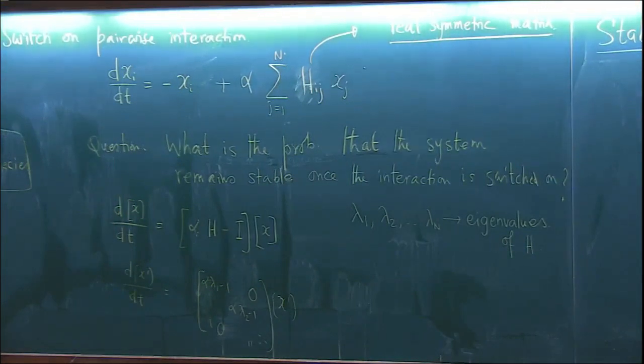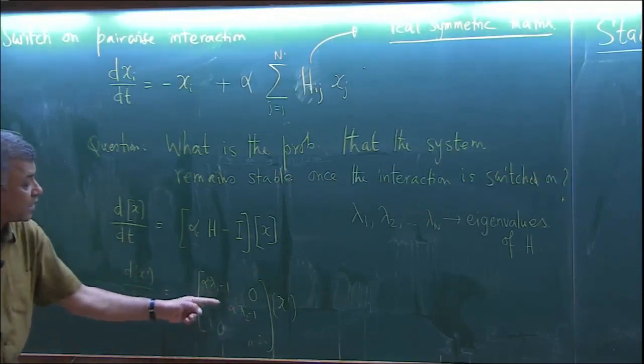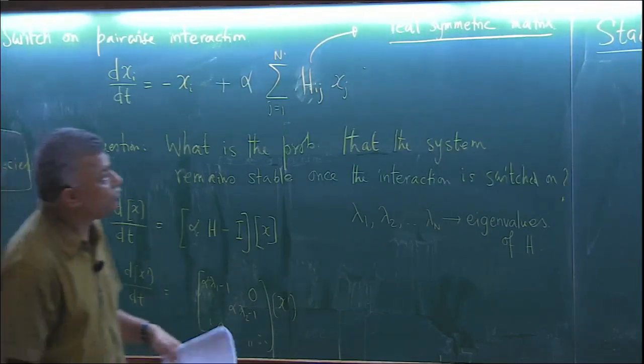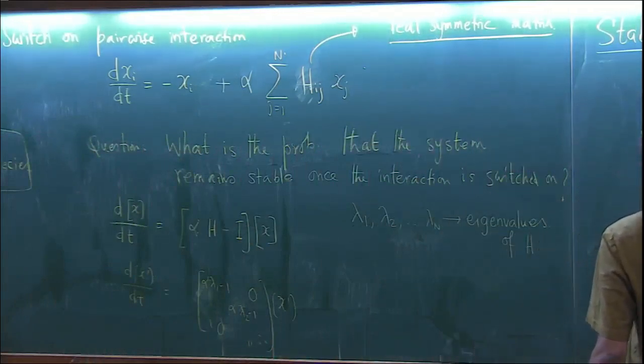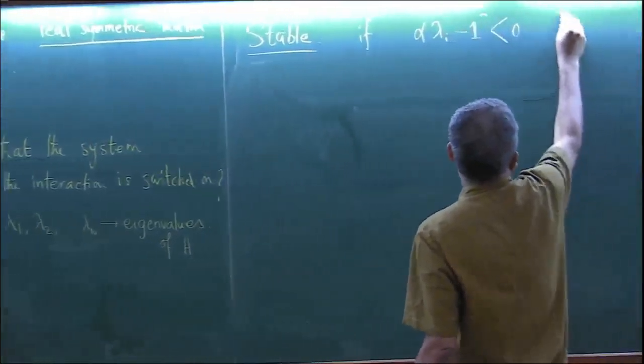So stability means that all the diagonal elements must be negative, because that means it will always decay to 0. But if one of them becomes positive, then in that direction the perturbation is going to increase. So it will be stable if alpha lambda_i minus 1 is less than 0 for all i.